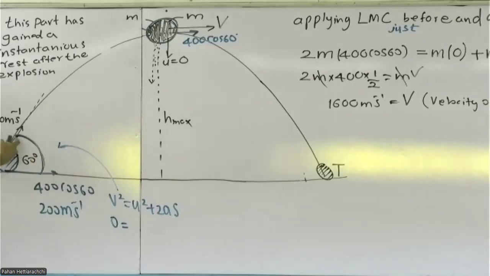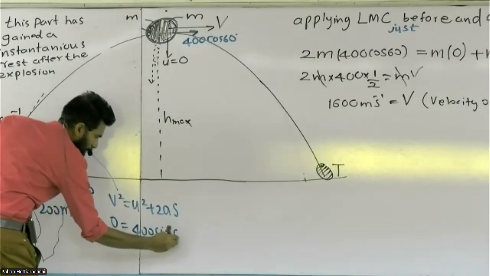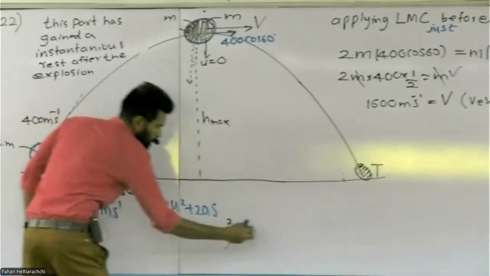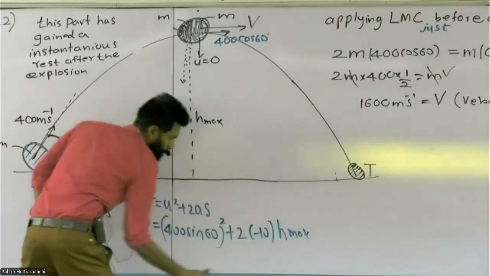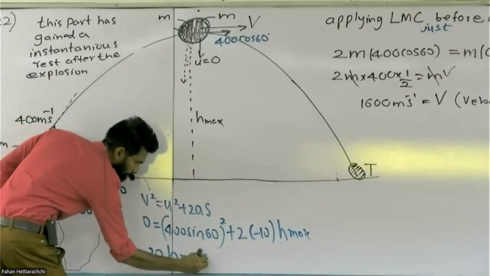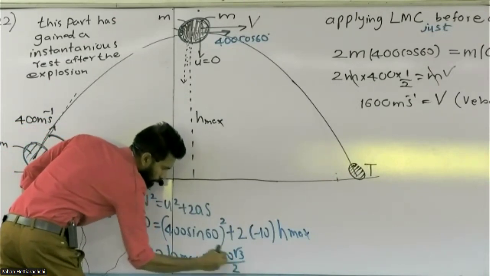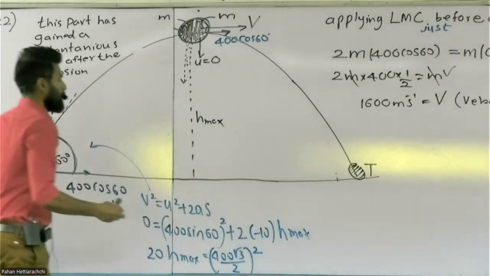Initial upward velocity is 400 sin 60. So 0 equals (400 sin 60) squared, plus 2 times the acceleration of gravity, minus 10, times h max. That gives 20 h max equals (400 times root 3 over 2) squared.